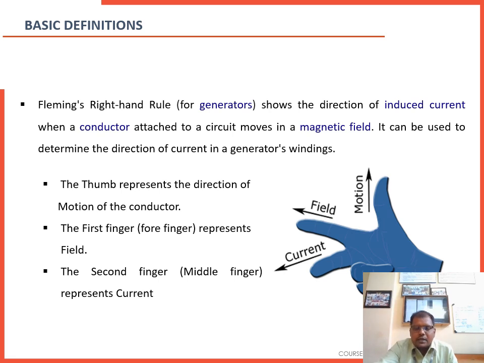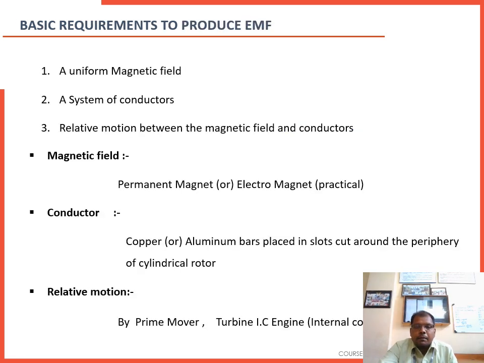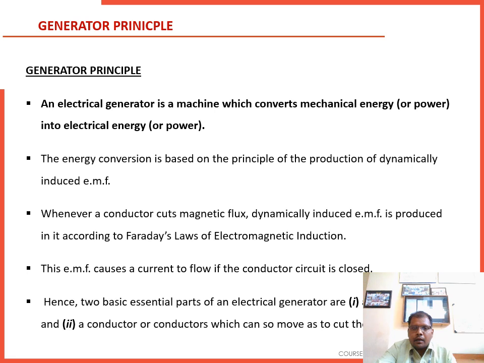The thumb represents the direction of motion, the forefinger represents the field, and the second finger or middle finger represents the current. The basic requirements to produce EMF are the magnetic field, a conductor, and relative motion. The relative motion is provided by a prime mover or IC engine.